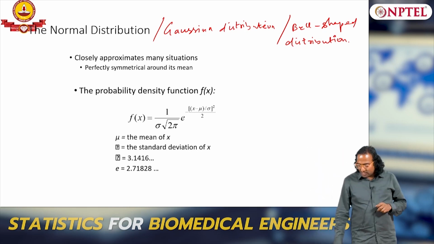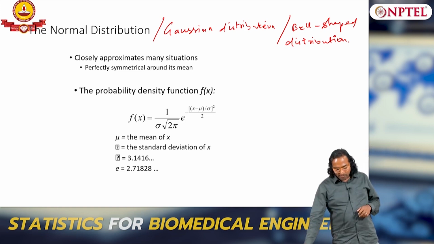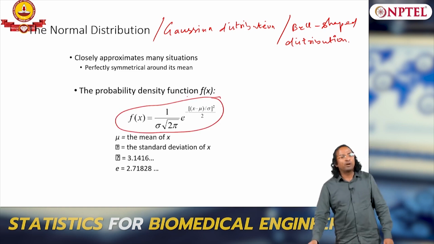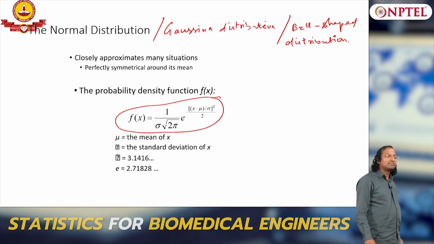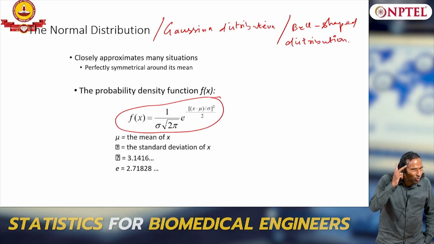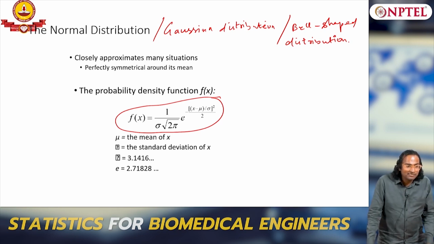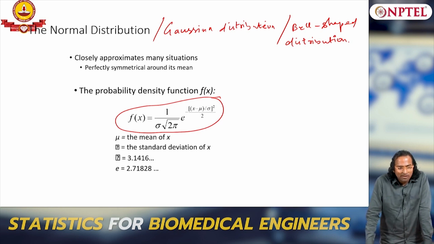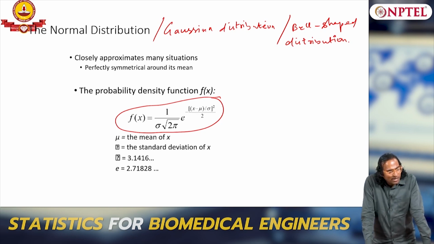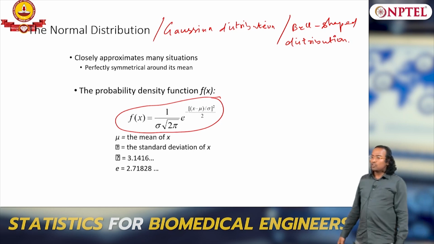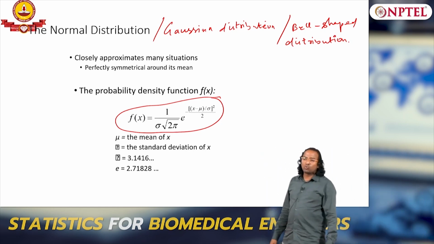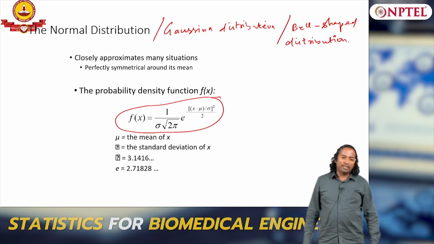The entire probability density function is characterized by only two quantities. If I know these two quantities, I know the entire distribution, which is not true of any other distribution. The moment you know the two quantities, which are mean and variance, you know the distribution.